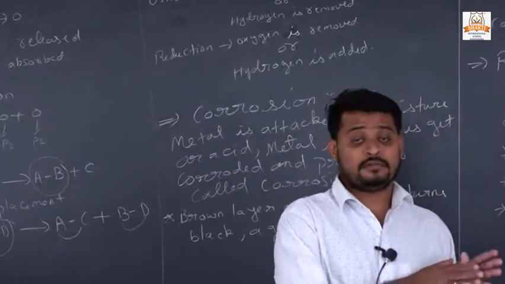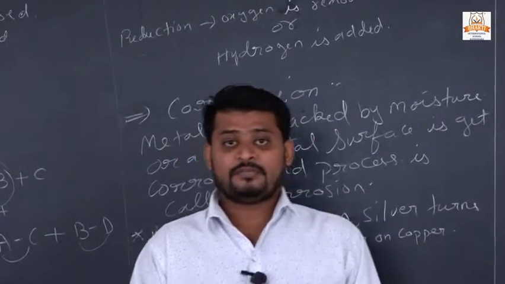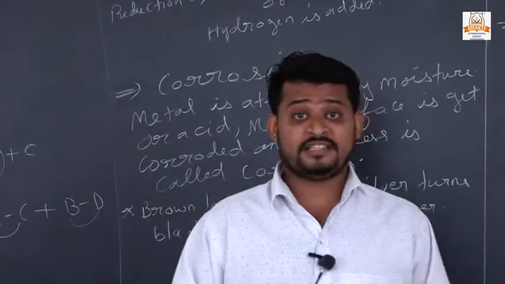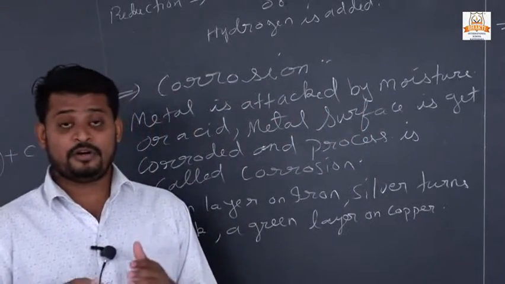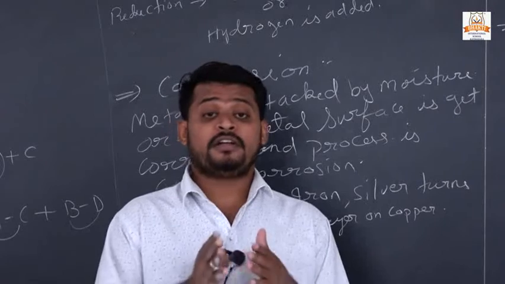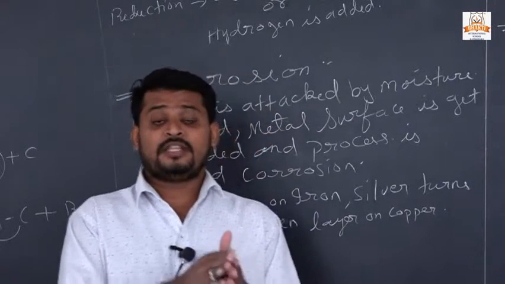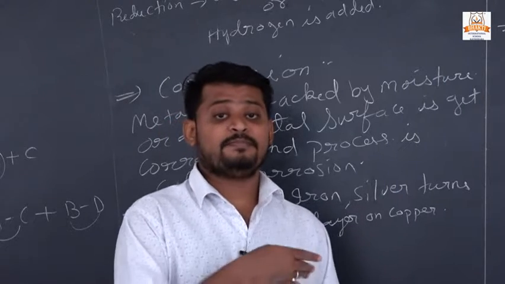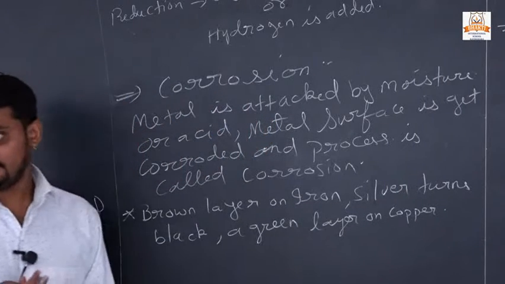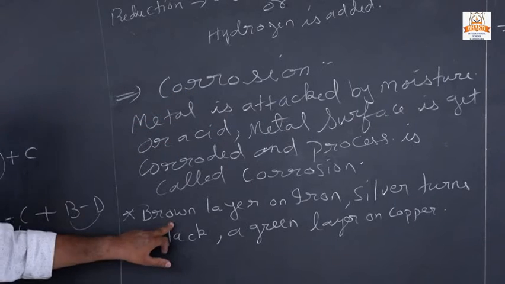You have seen iron, the color of iron changed to red brownish. Why? Because when it contacts moisture or water, a layer of corrosion forms on the iron, that is called corrosion. See example.